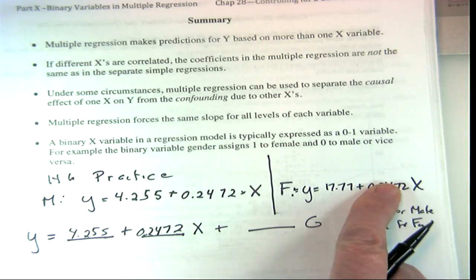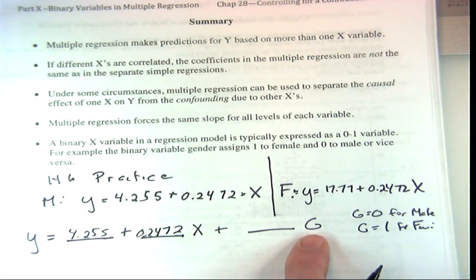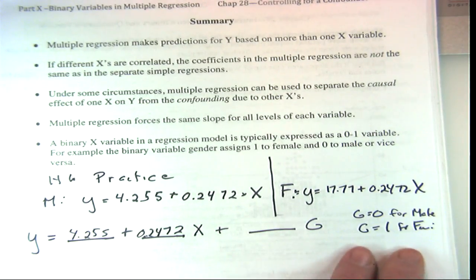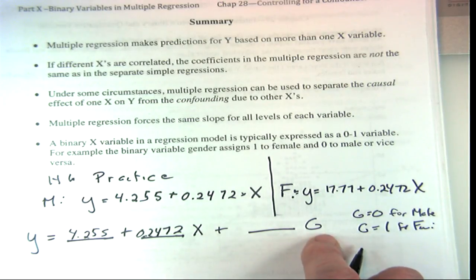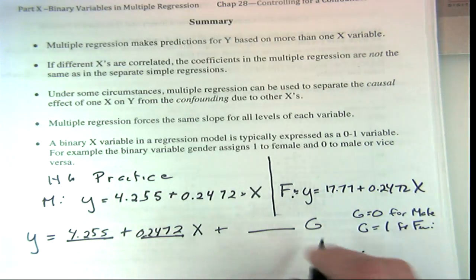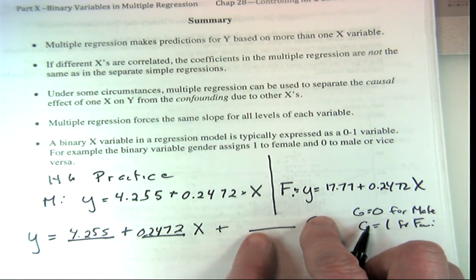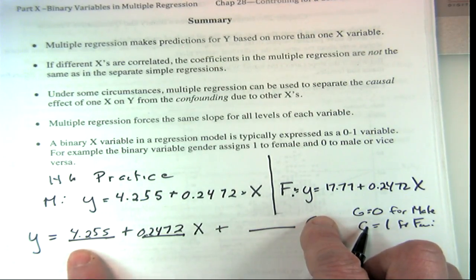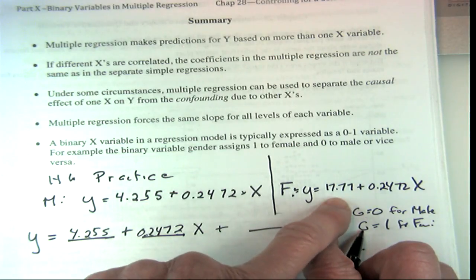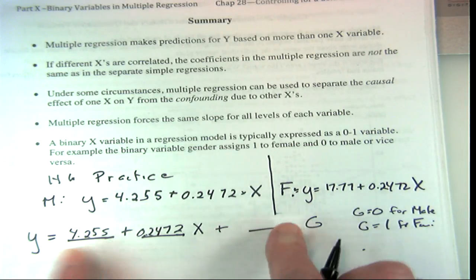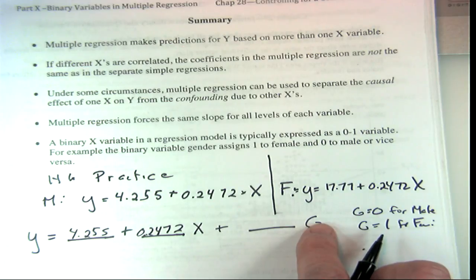Now, how can we change it to work for females? Well, when G is equal to 1, think about putting a 1 in here. So now, what do we want that to be? 4.255 plus what? We want it to equal 17.77, these two together, once we put a 1 in there.